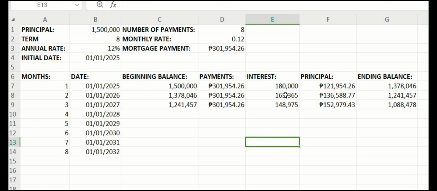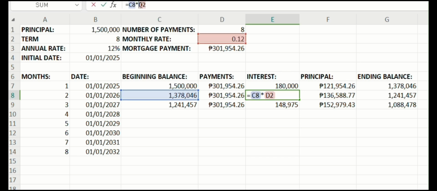So click the interest. As you can see on the top, there is a formula: C8 multiplied by D2. We need to put a dollar sign before the D and the 2. So our new formula is C8 times $D$2.